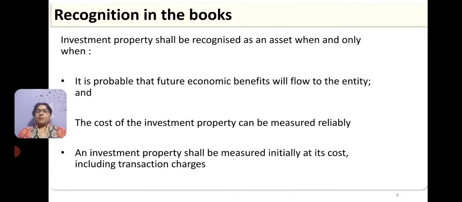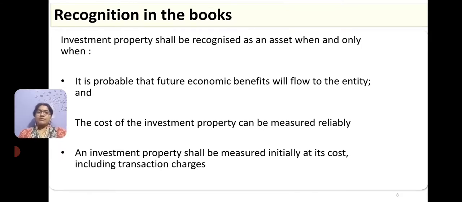Investment property shall be recognized as an asset only when it's probable that future economic benefits will flow to the entity. That means it is built, constructed or acquired for the purpose of getting an economic benefit, and economic benefits are going to flow into the company, and the cost you have incurred to acquire or construct the asset can be measured reliably.